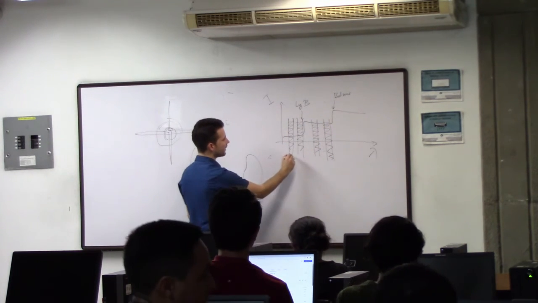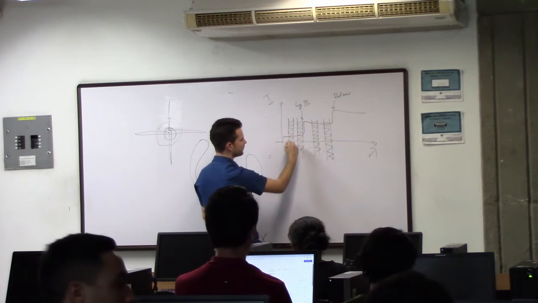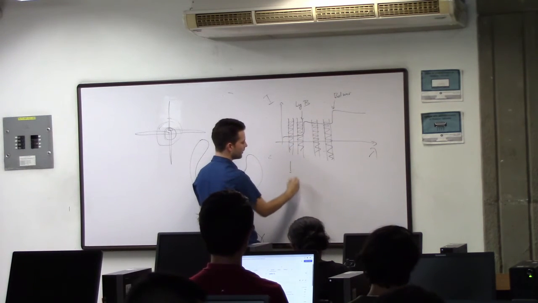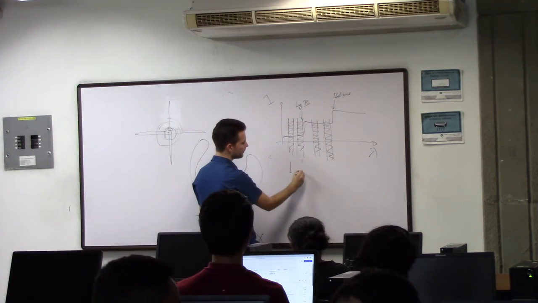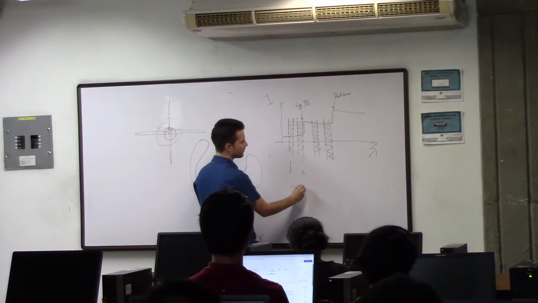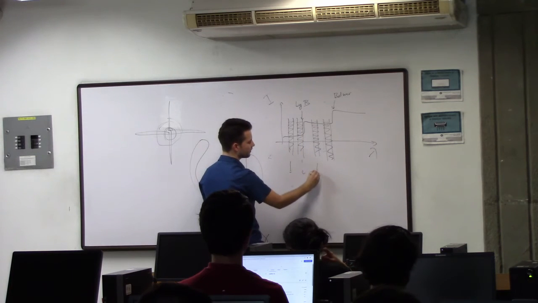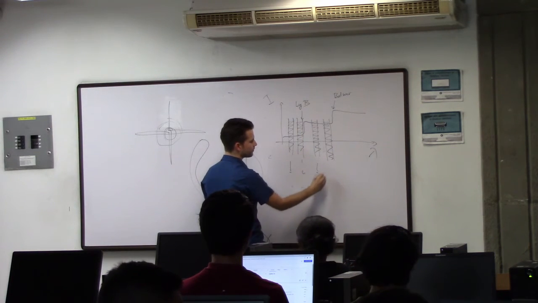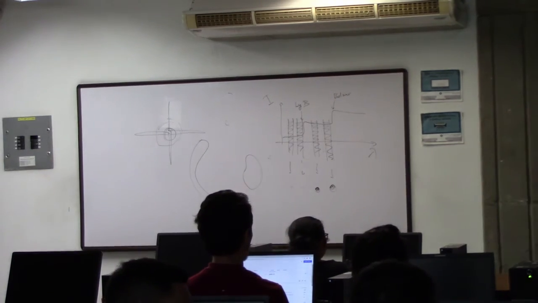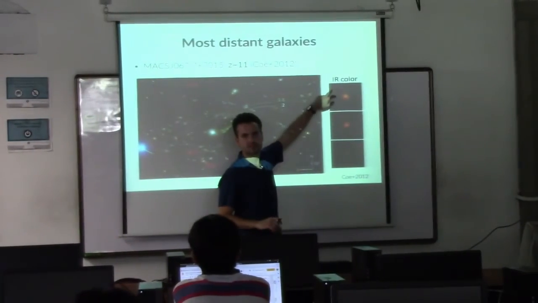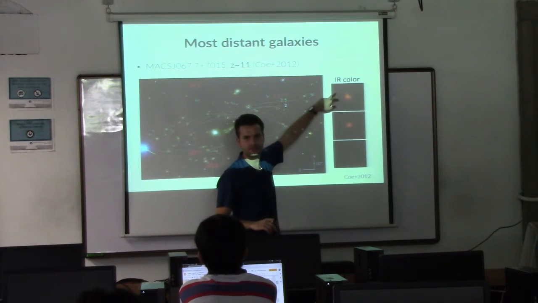And now when you take this galaxy and consider this filter, you see something super faint. Here, you see something super faint. Suddenly here, you see something very bright. And here you see something very bright. And this is actually what they did here. So you see infrared color in 3 different filters.